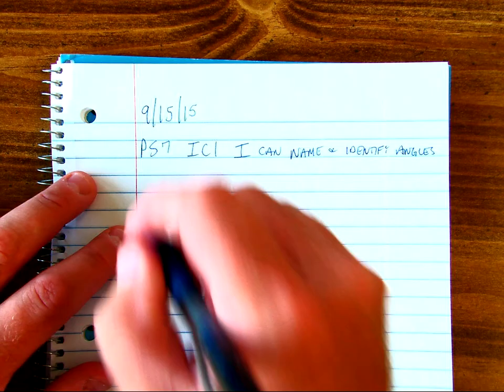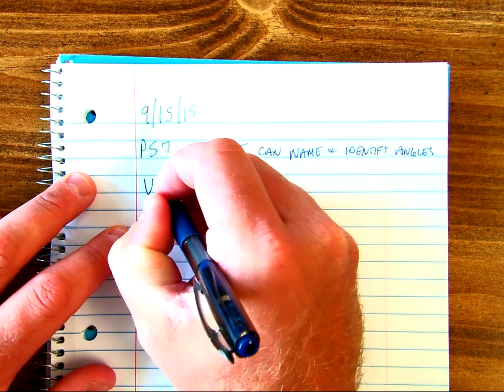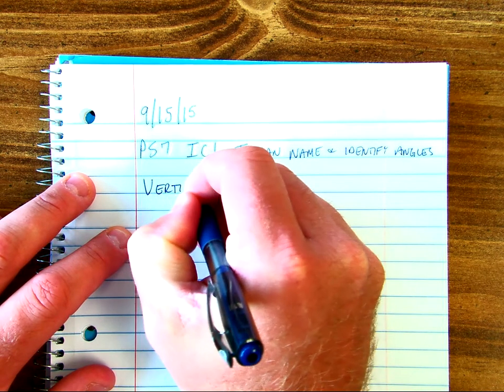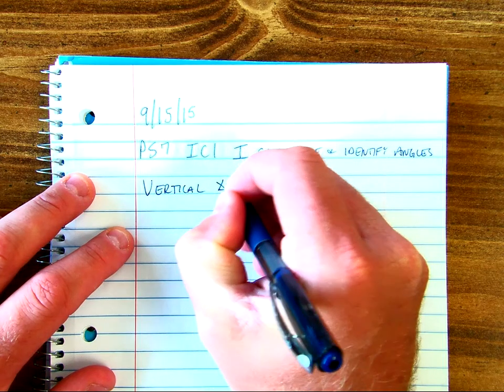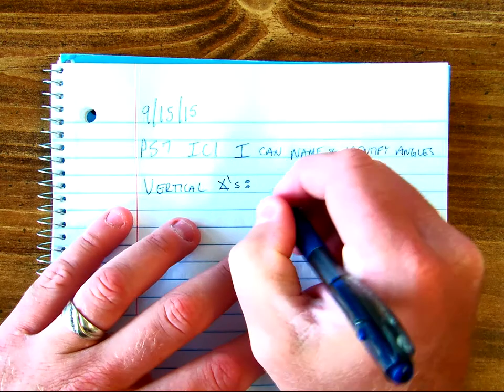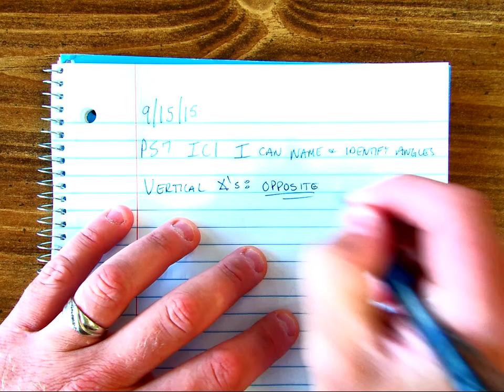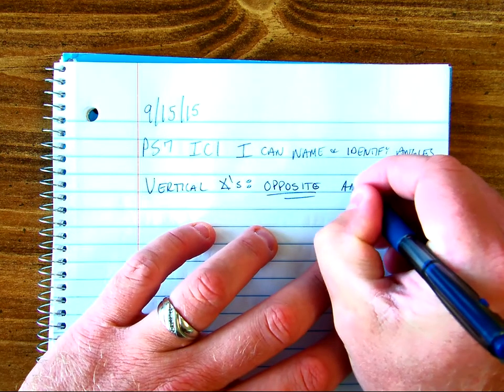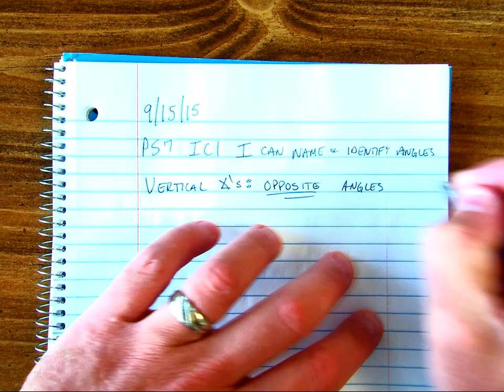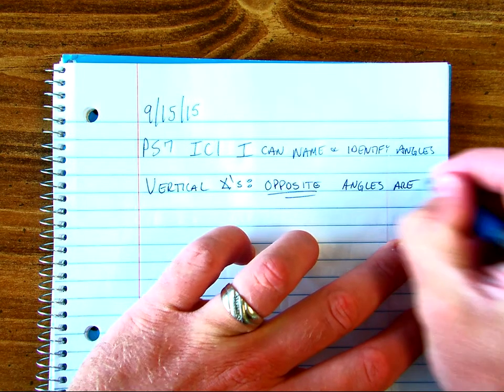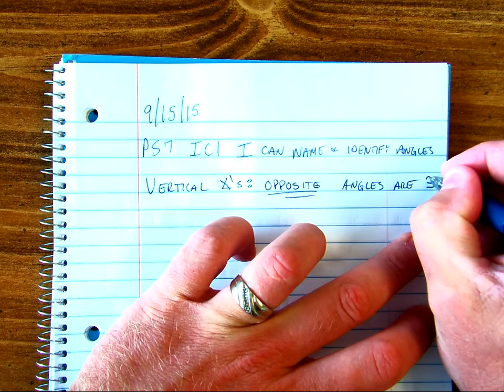The one that we talked about yesterday was called vertical angles. And we said vertical angles, opposite, which is the key word, opposite angles are congruent.